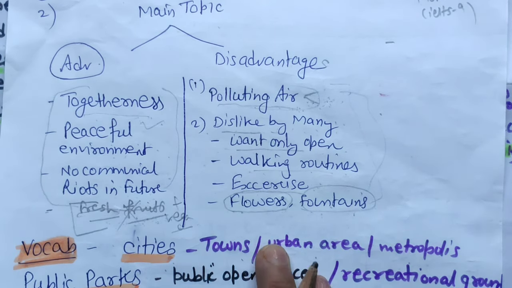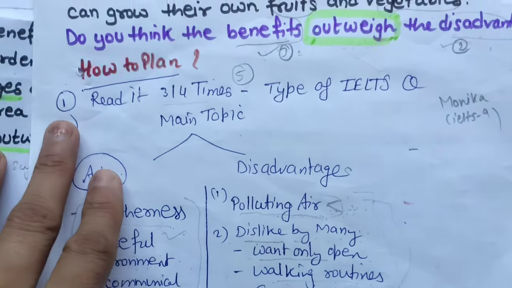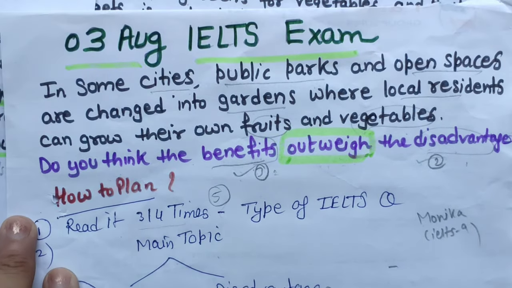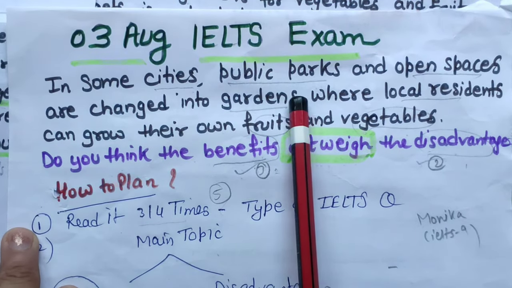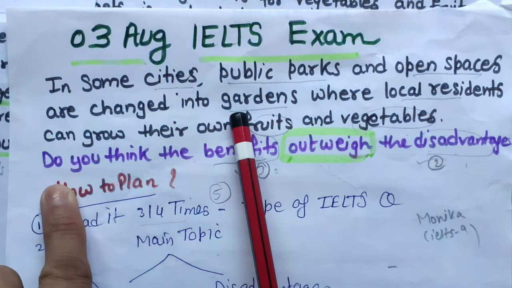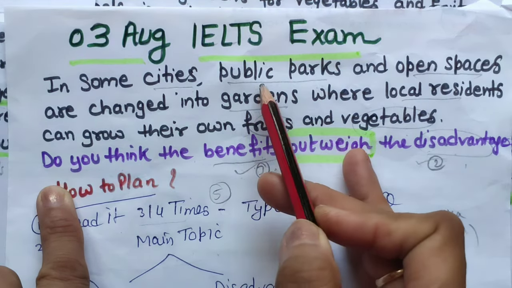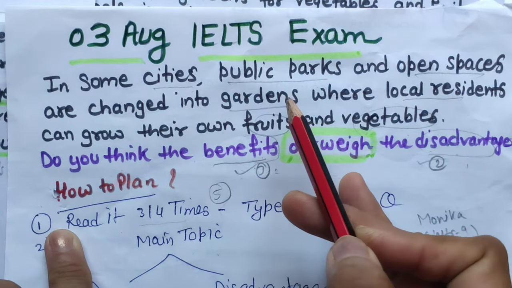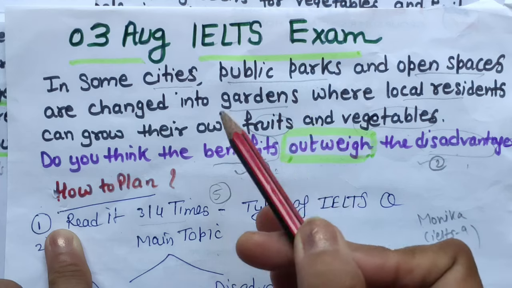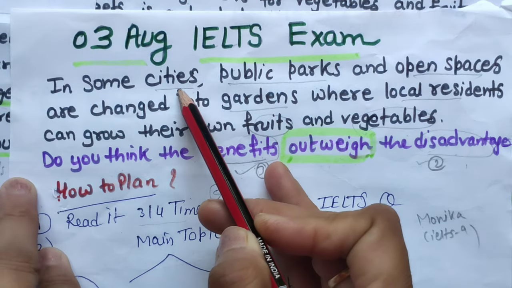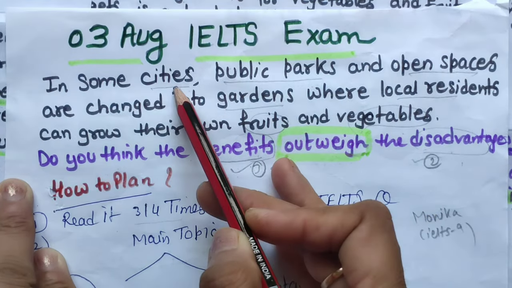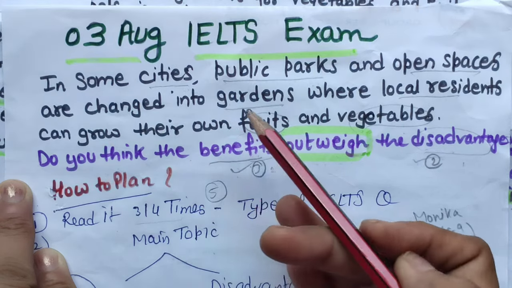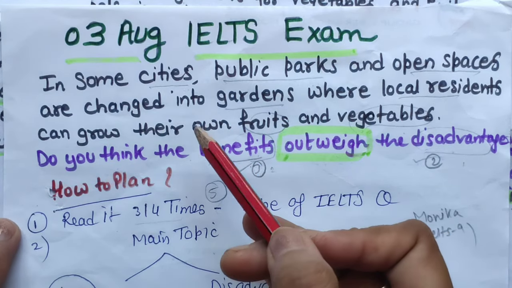Now coming to vocabulary. When we have to write paraphrasing, of course, this is the question statement, and these underlined words we would have to write into the essay again and again. If we write the same word 20 times, if we repeat public parks and cities, it is not a good idea.